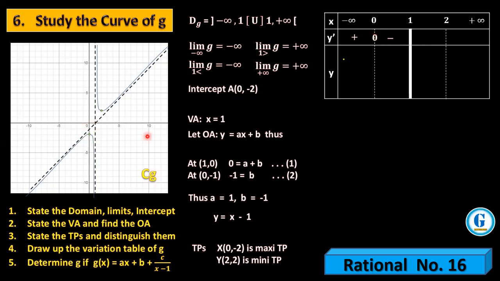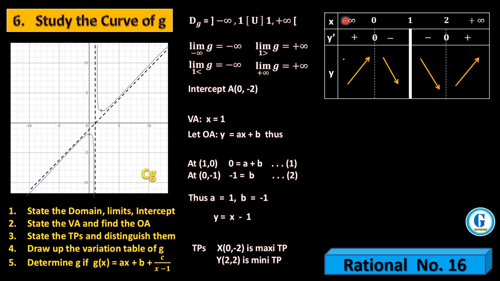Between 1 and 2, it is moving from positive infinity downwards, so it is decreasing. Above 2, it starts increasing again. At 2, the turning point, y prime is 0. So: increasing, decreasing, decreasing, increasing.